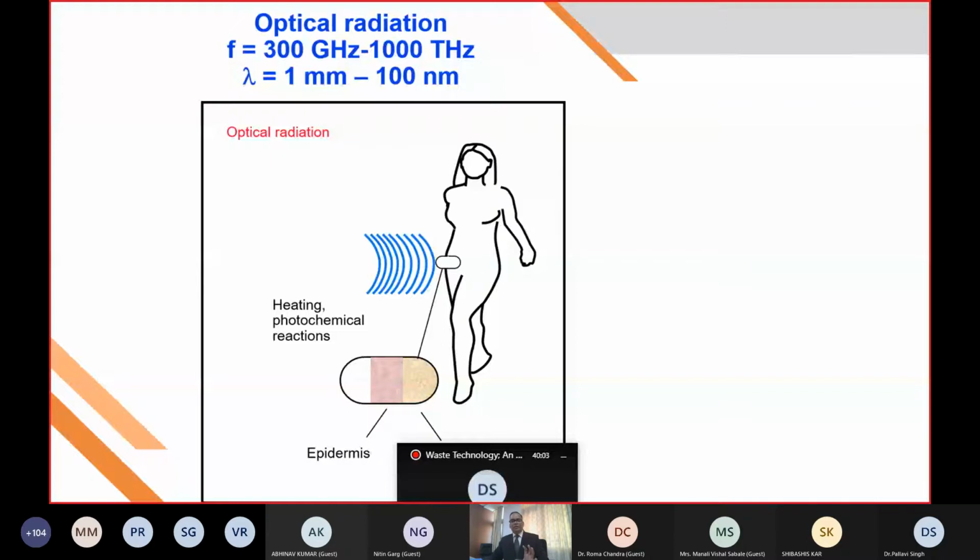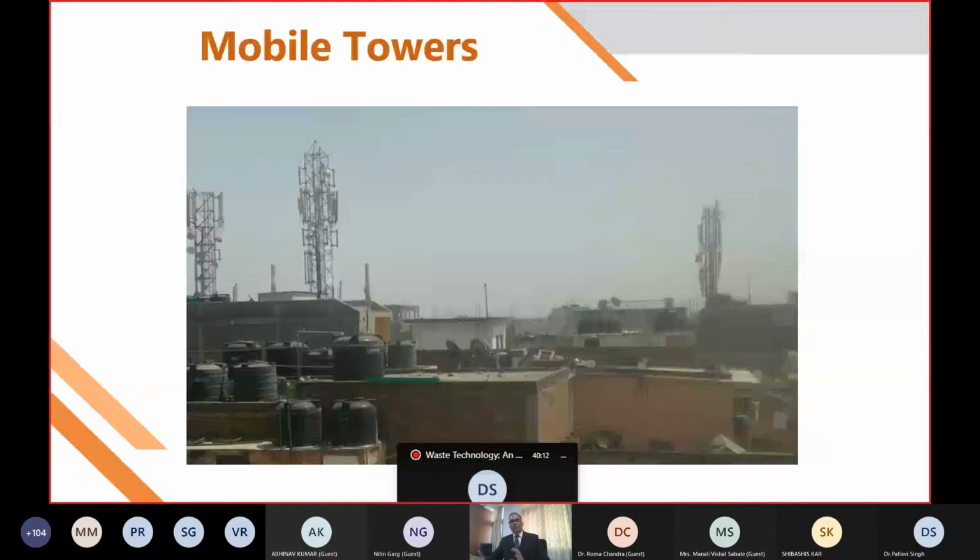This is the real picture near South Delhi. We have to be careful that the mobile service providers are installing towers even on residential buildings, and on an individual tower, not only one antenna, a number of antennas are there.